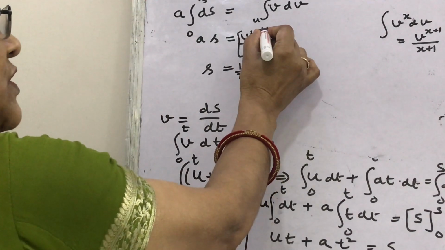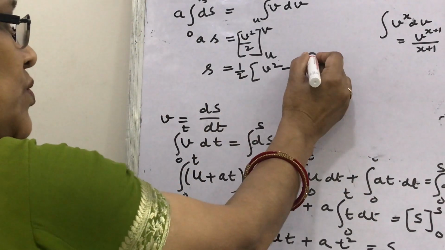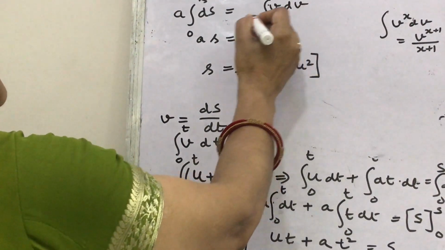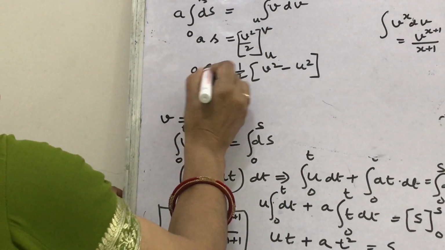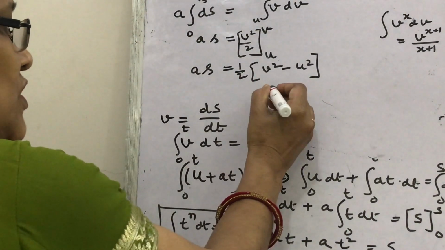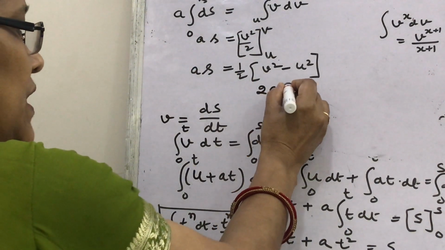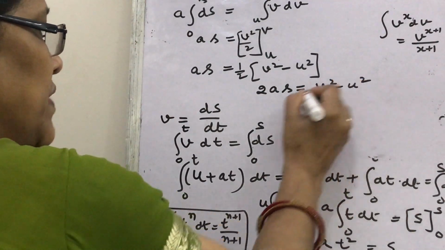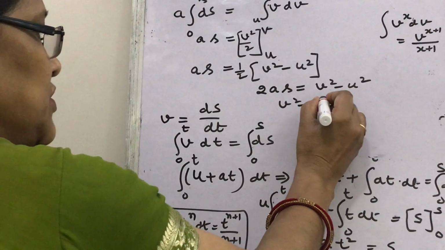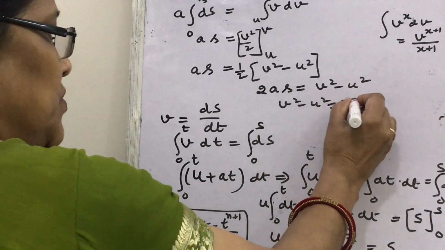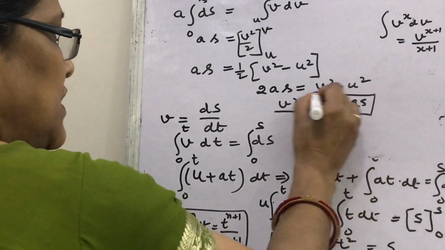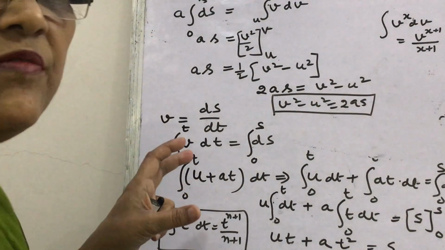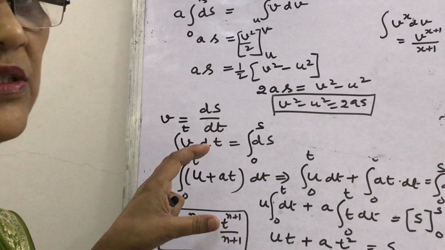In place of v, first you will write v, then you will write u, and this is v dv and this is as. So this is as, bring 2 on this side. What will you get? 2as equal to v square minus u square, that is v square minus u square equal to 2as, the third equation, which is derived with the method of calculus.